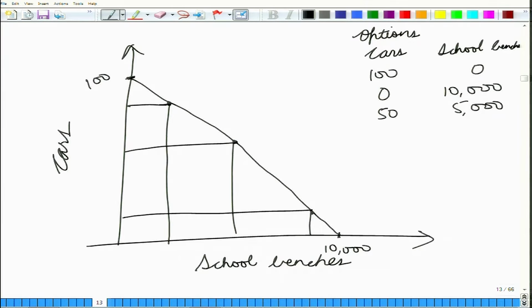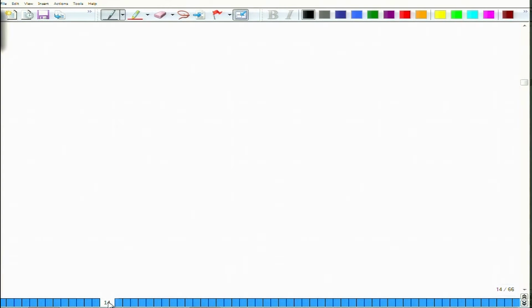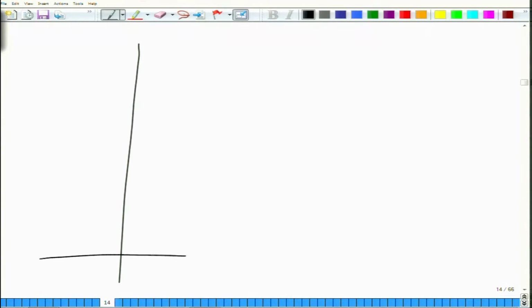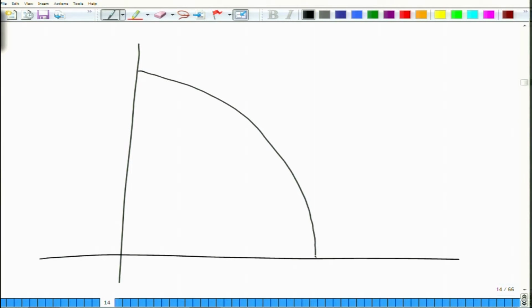Now this thing is referred to as a production possibility curve, and in general the shape of the curve is something like this, because typically, suppose this is your cars, and this is your school benches.